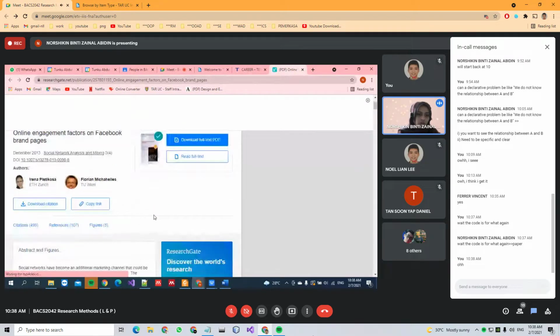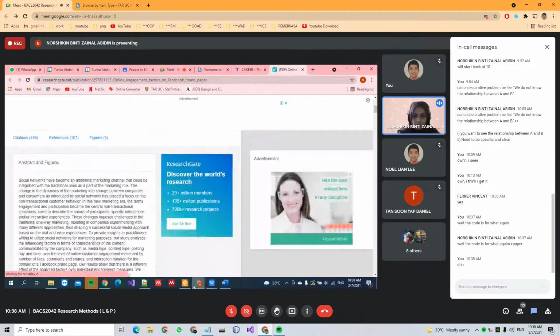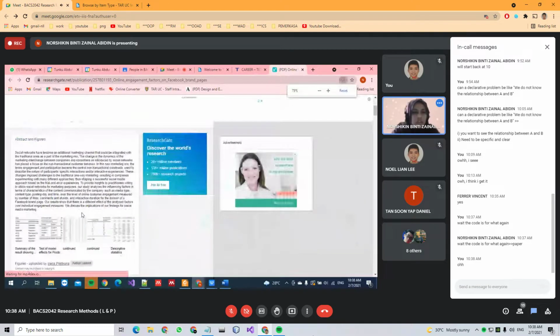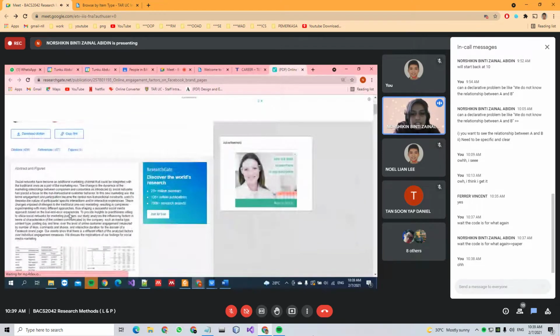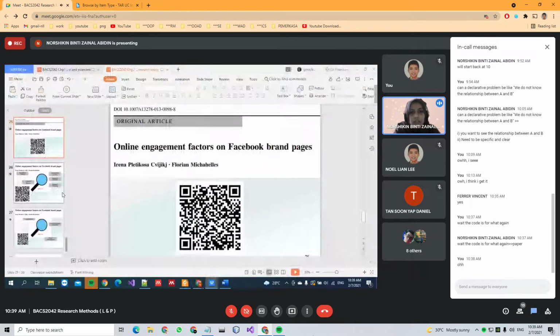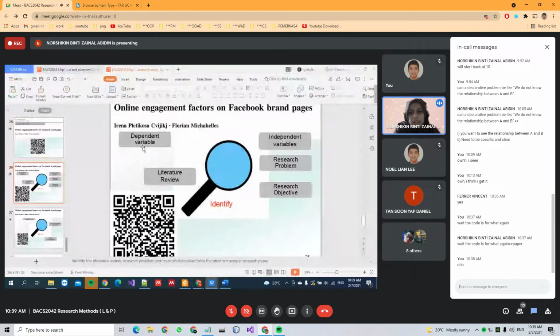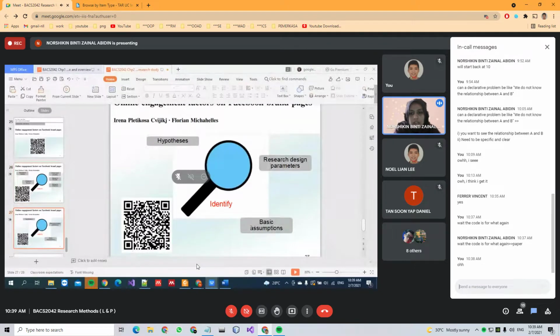Yeah. So to test your understanding of our chapter 2, you need to read this paper and see if you can identify these items: the variable, the research problem, the research objective, the LR, hypothesis, research design, and basic assumption.